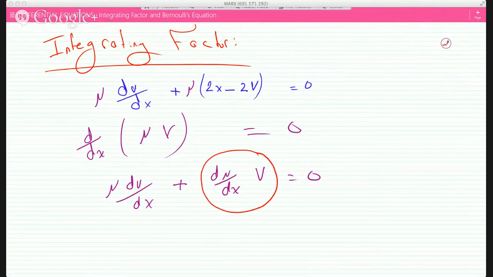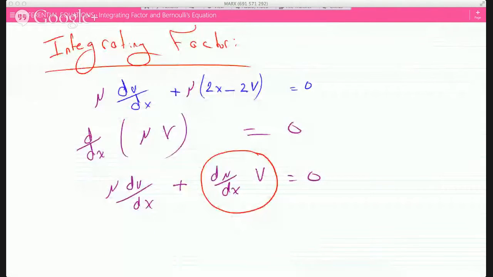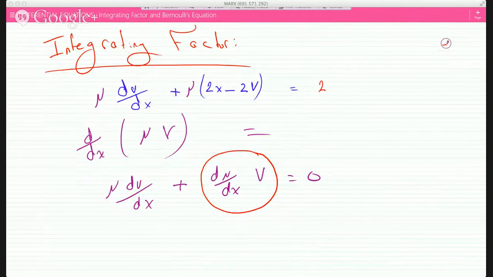this has to equal... oh wait, I was supposed to move this to the other side. Yeah, before I do this to make it easier, let me move the 2v here.